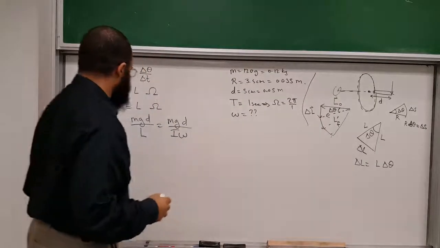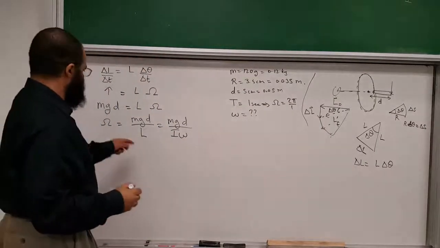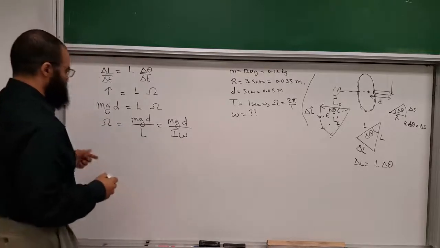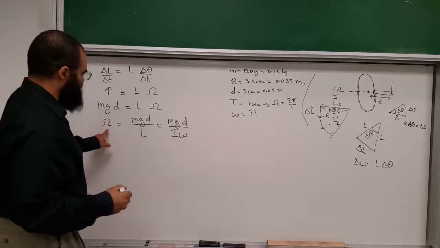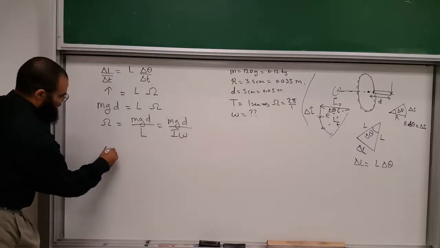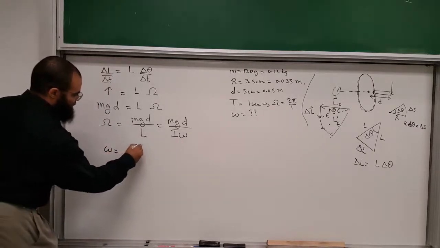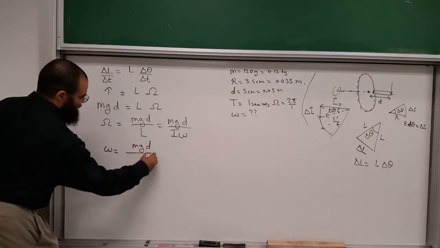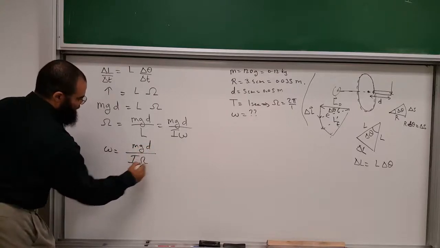Question is, what's little omega? So let's calculate it. We solve for little omega. So little omega will equal mgd divided by I times capital omega.